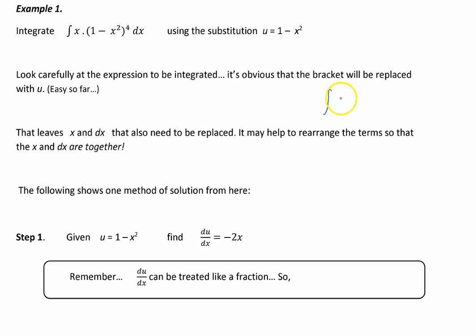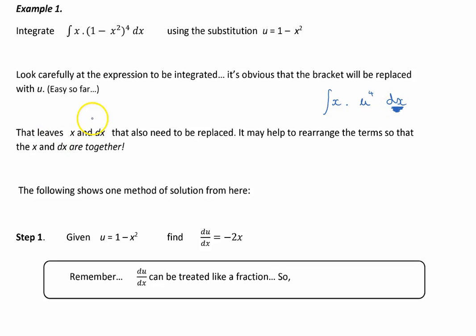Not that you would write this, but it would look like x times u to the fourth dx. Integrating x and a u to the fourth with respect to x, that's a problem, because we need to be integrating u with respect to u.